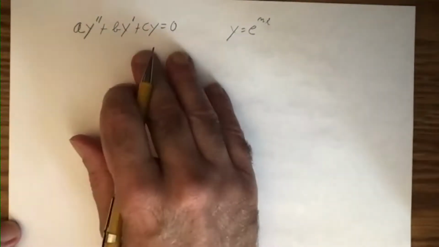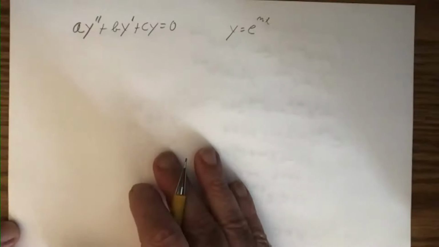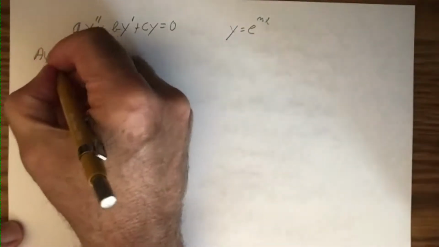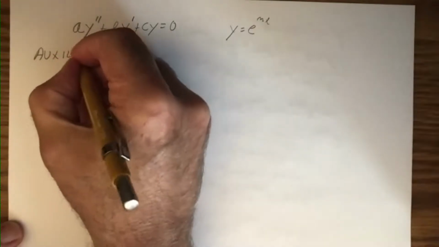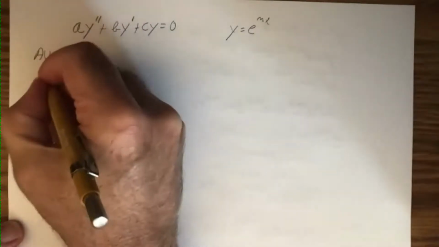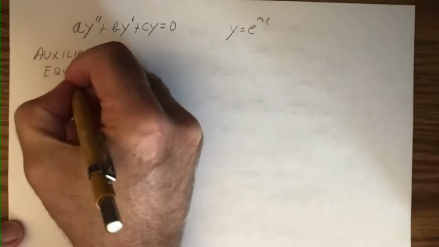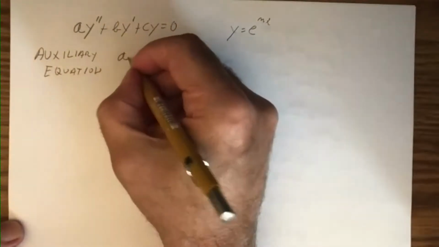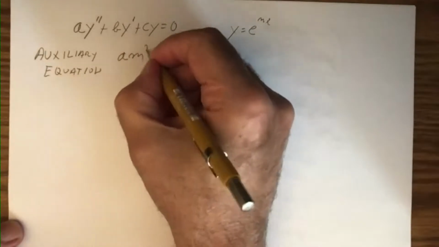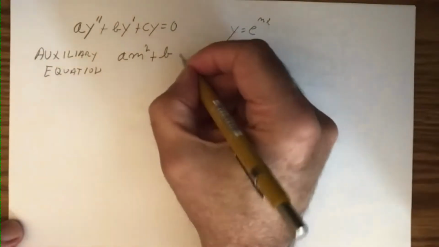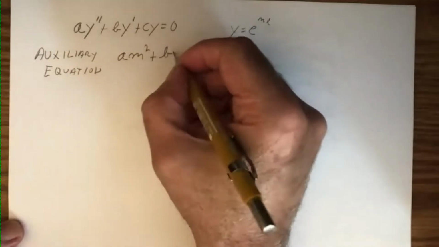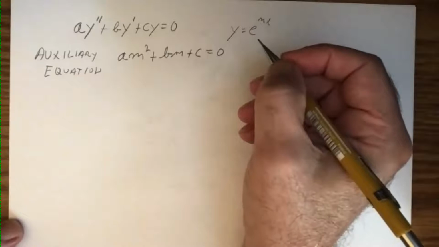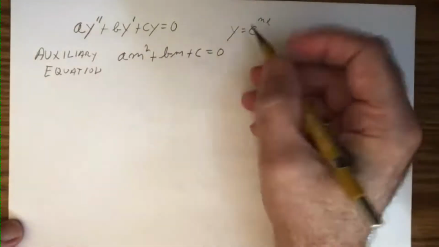You could immediately write down what's called the auxiliary equation, which is a m squared plus b m plus c is equal to 0, whatever the coefficients are. So you don't have to start out with this.